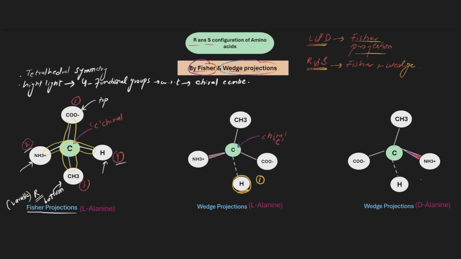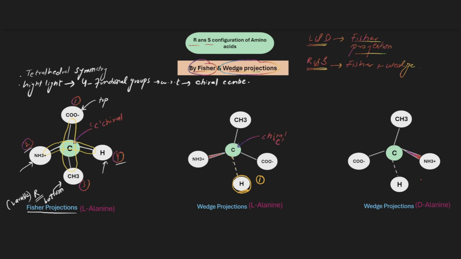It is just hiding behind the molecule. Any functional group which is hiding behind the structure, behind the plane, away from the viewer, is represented by a dotted line, just like that. It is also called a wedge hatch line.